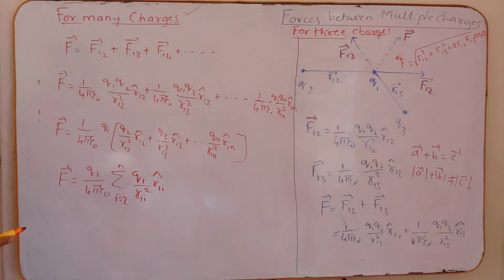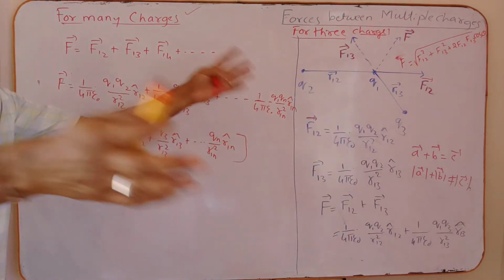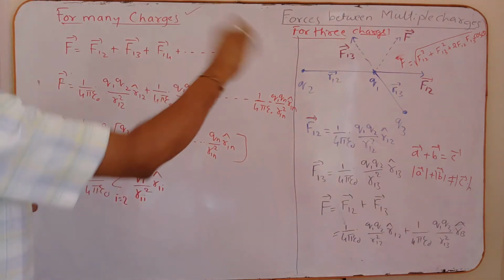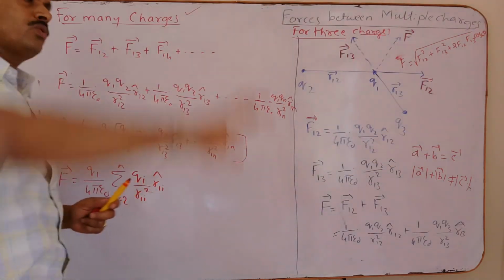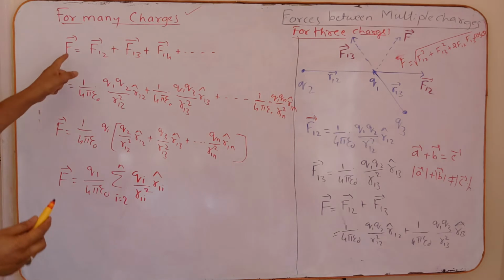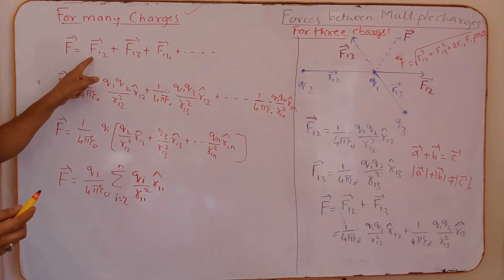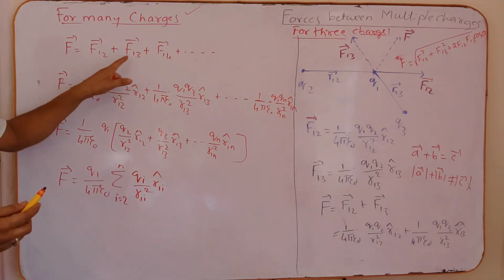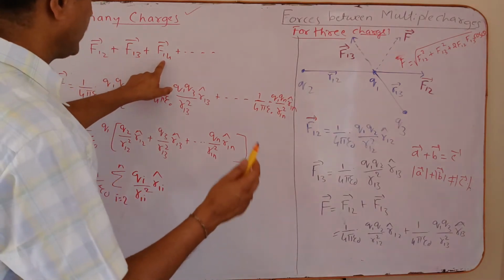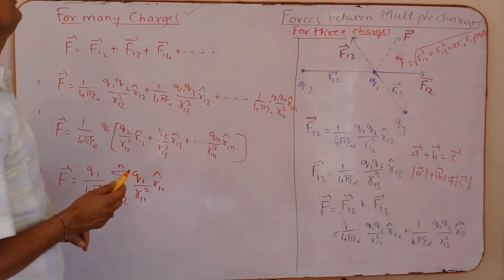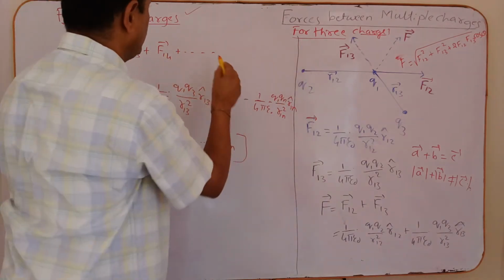For many charges, a group of more than three charges, the force acting on a single charge by many charges Q2, Q3, Q4, up to Qn. The net force: F12 is the force on Q1 by Q2, F13 is the force on Q1 by Q3, F14 is the force on Q1 by Q4 and so on.